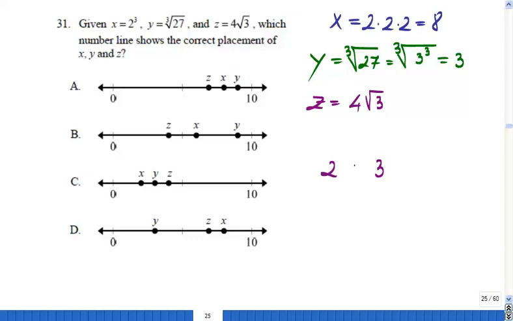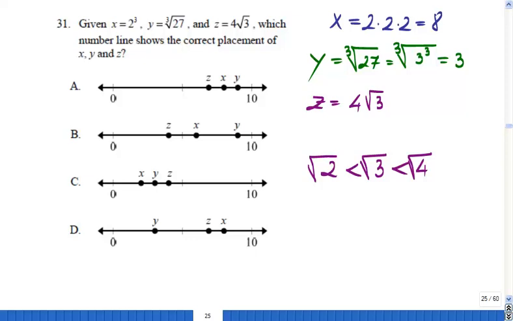That's 2, right? So I know 2 is less than 3, and I know 3 is less than 4. The same relation will apply to the square roots of these numbers. Square root of 2 is going to be less than square root of 3, which is less than square root of 4.